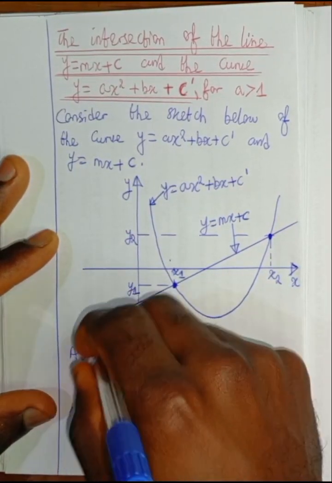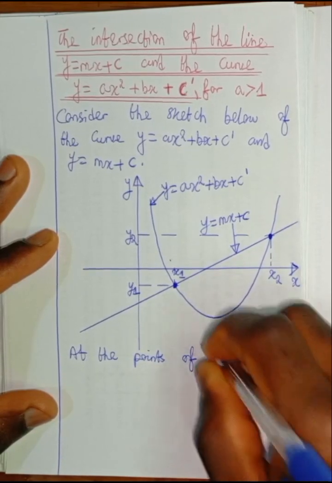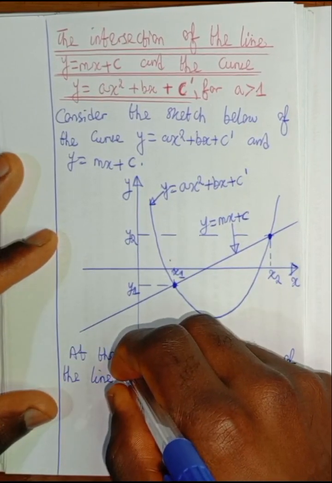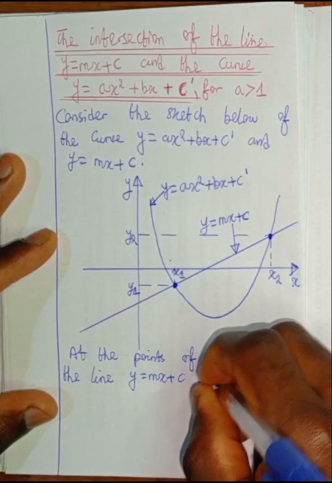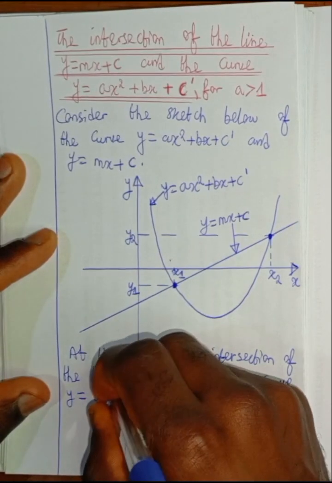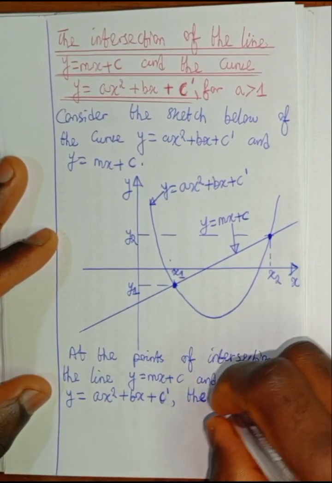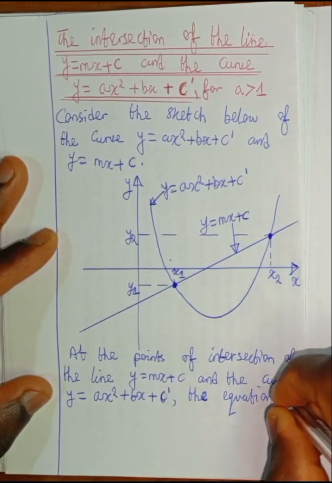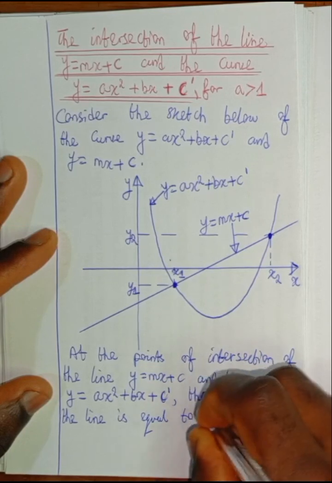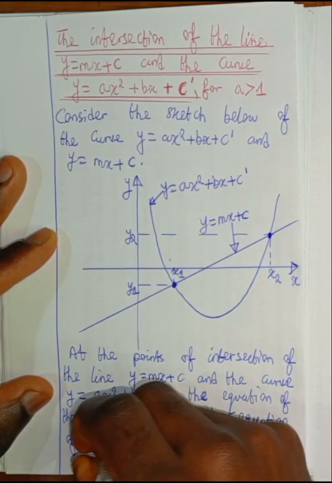We take this down. At the points of intersection of the line y equal to mx plus c and the curve y equal to ax squared plus bx plus c prime, the equation of the line is equal to the equation of the curve.